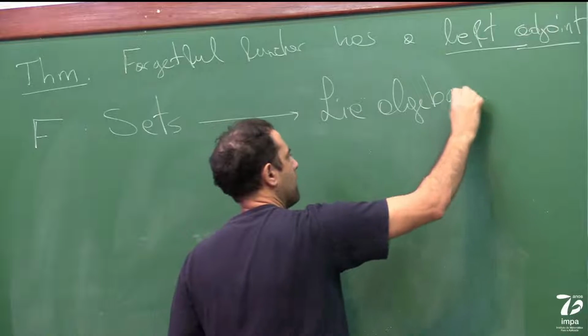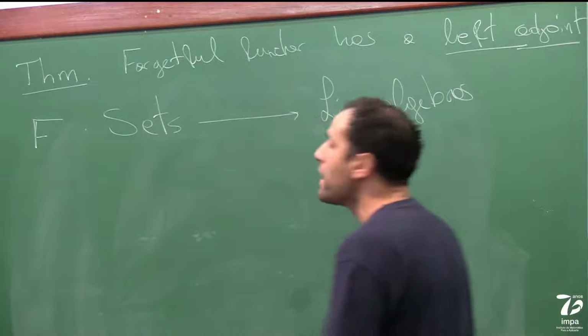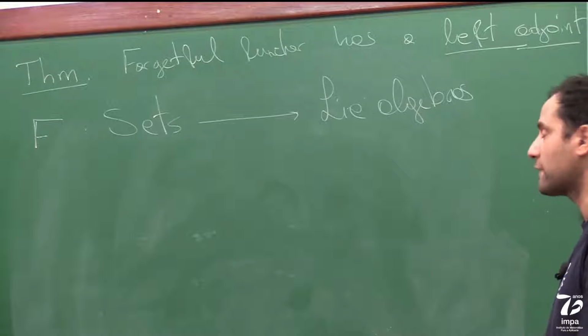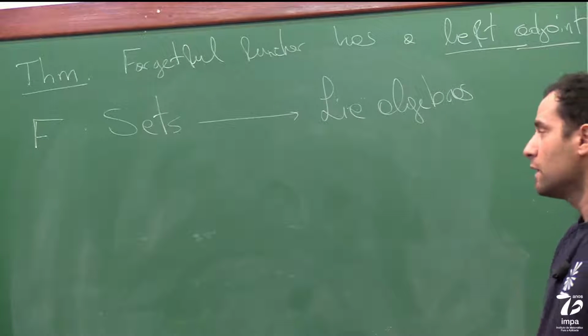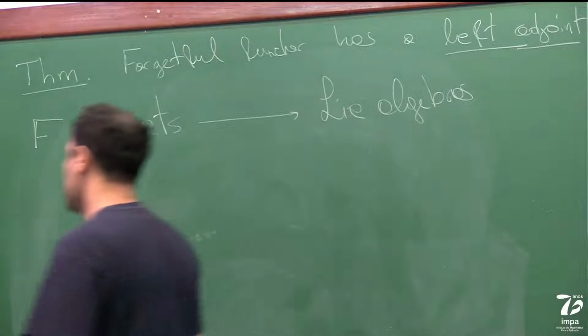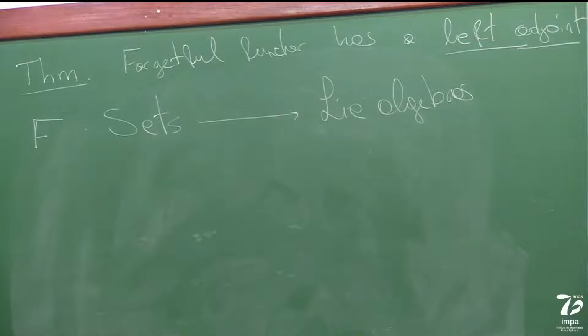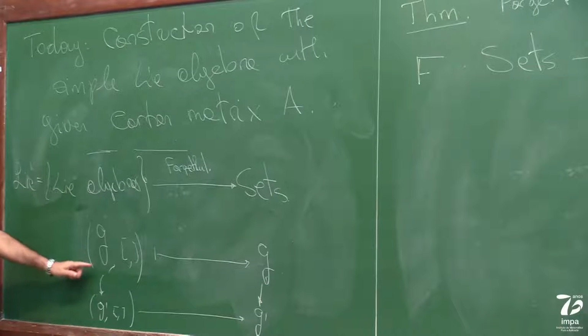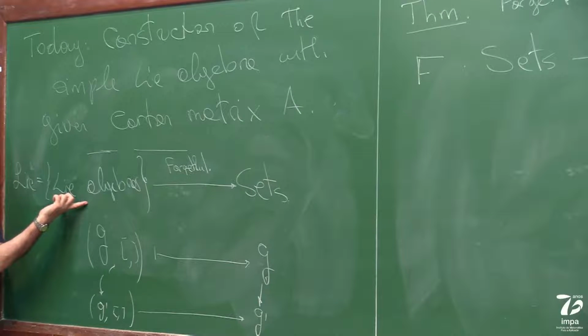Well, as stated this way, this can't possibly be right because Lie algebras are vector spaces over a field. So what is the field here? We can't consider arbitrary Lie algebras because I don't know how to define morphisms between Lie algebras. So Lie algebras by itself is not a category.